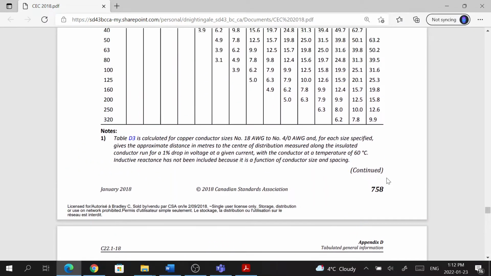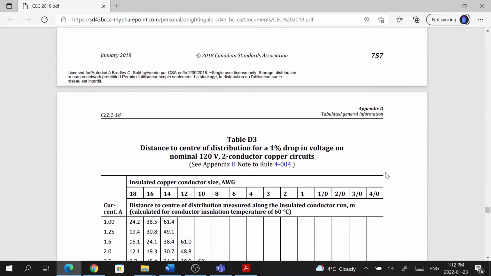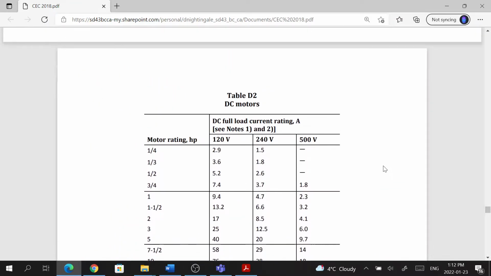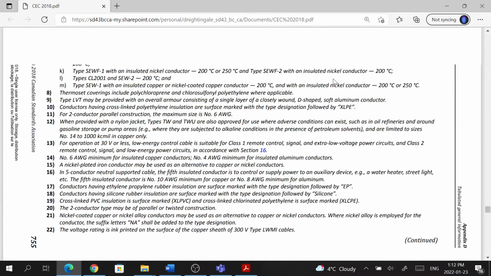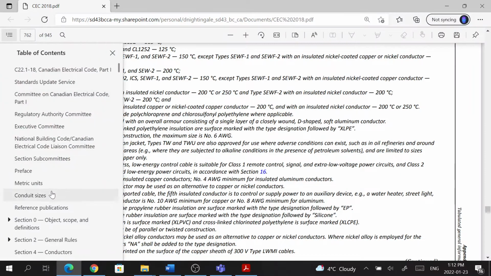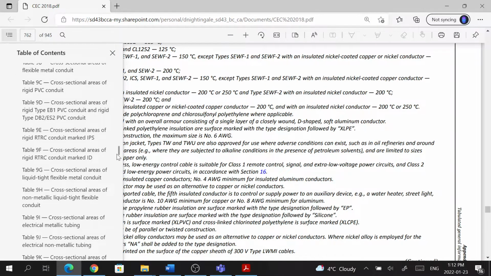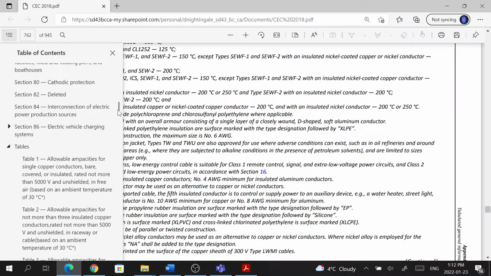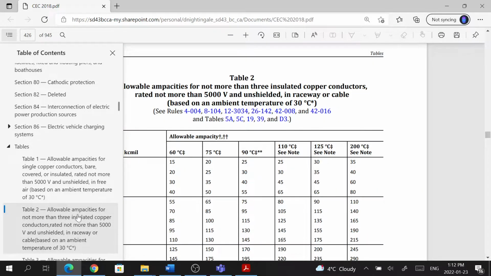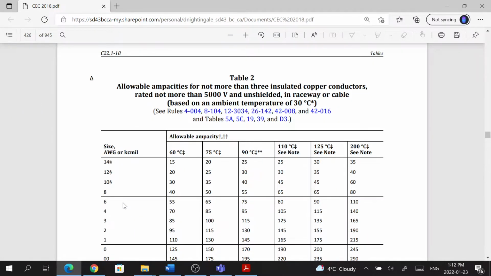So we're going to go to table 2, and figure out what the allowable ampacity of a number 8 copper conductor is.